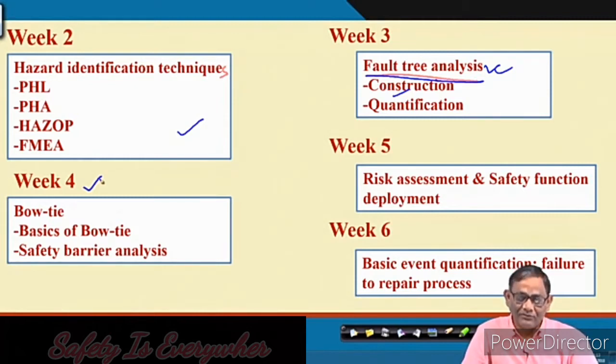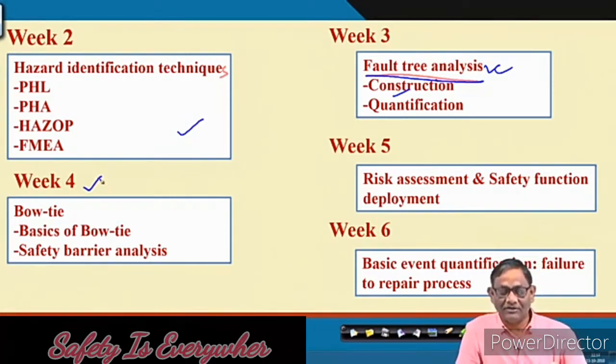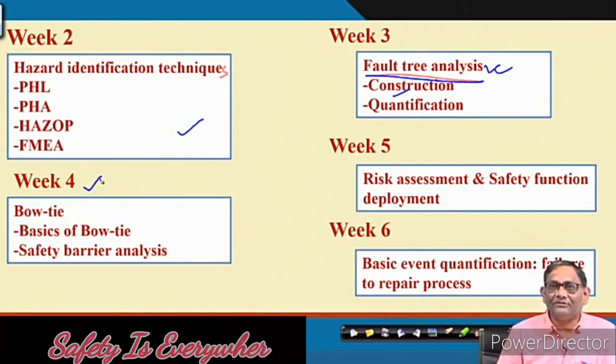If you cannot do that, you can rely on expert opinions in terms of linguistic probabilities or subjective probabilities, and then using fuzzy logic or fuzzy concepts you can convert the linguistic or subjective probability values to objective probability values also. That we have also discussed, but not in week 3, at a later stage.